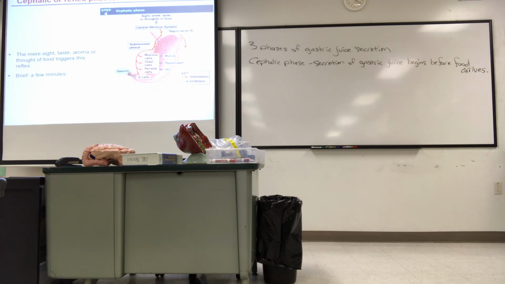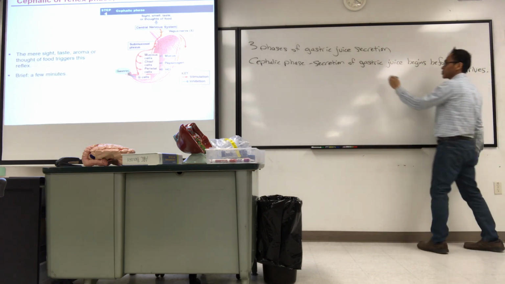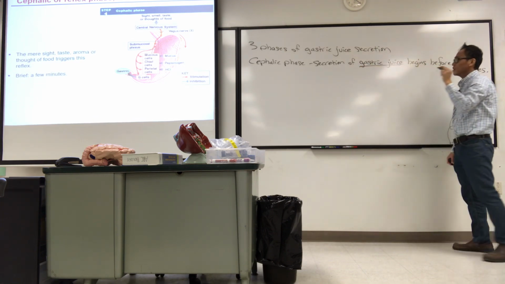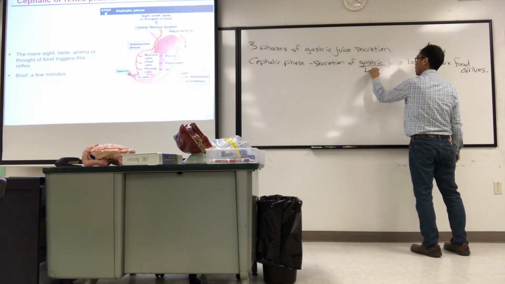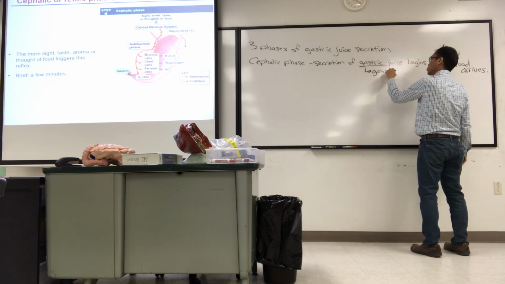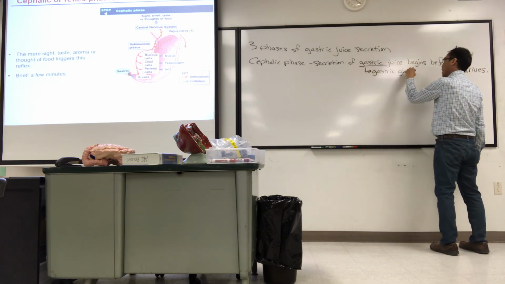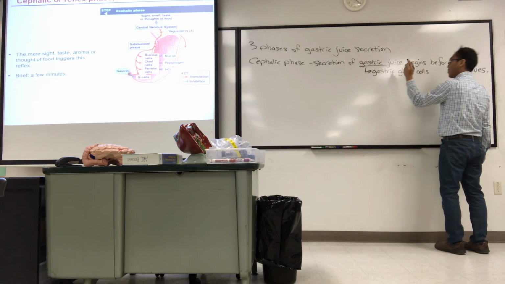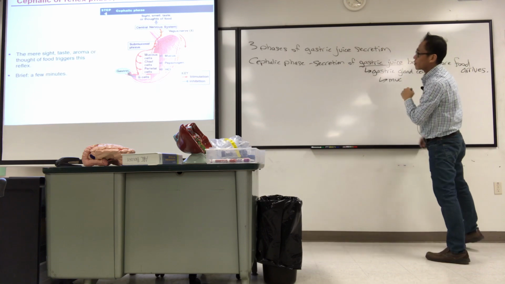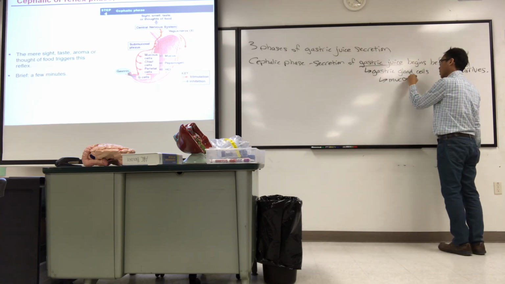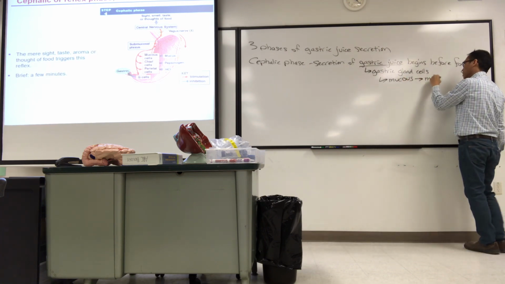And just to define what I mean by gastric juice in this lecture, I want you to think of the cells of the gastric gland that secrete these things. Gastric gland cells. And those include mucus cells. Well, they secrete mucus.